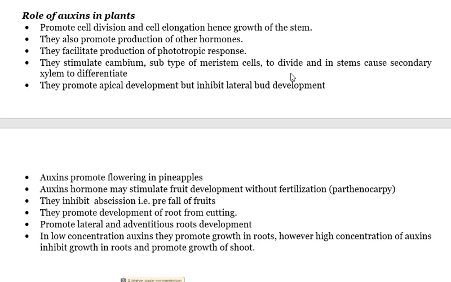So as you can see, all of these, for example this point, are part of plant growth, but because of a certain type of cell which is specifically stimulated in the plants, that's why we put it as an individual point.